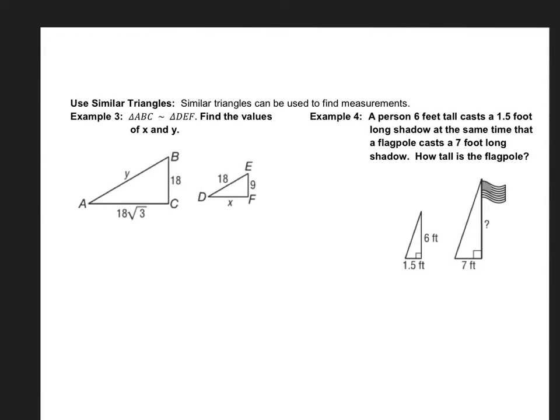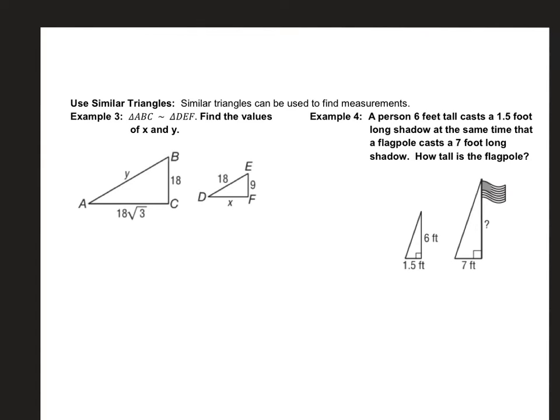Similar triangles can be used to find measurements. Example 3. Triangle ABC is similar to DEF. Find the values of x and y. All right, so we've got our x, we've got our y. Based on our similarity, we can find proportionality statements.